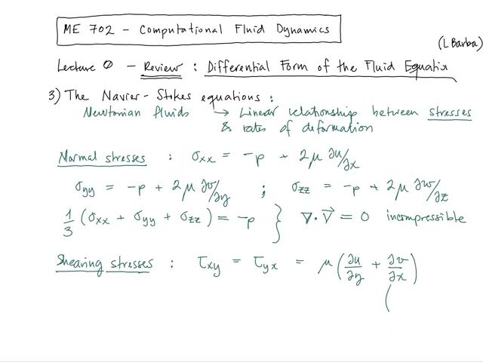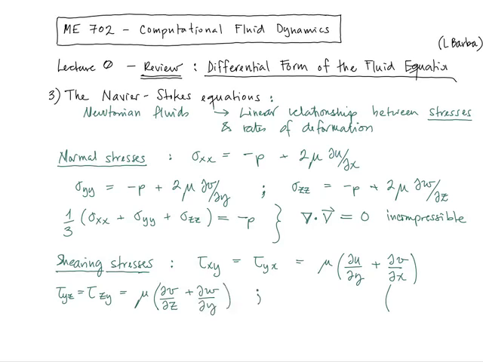We also have that tau yz is equal to tau zy and is equal to mu times dv dz plus dw dy.